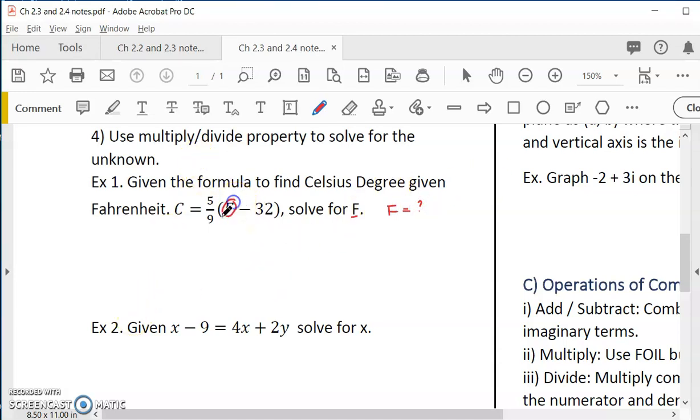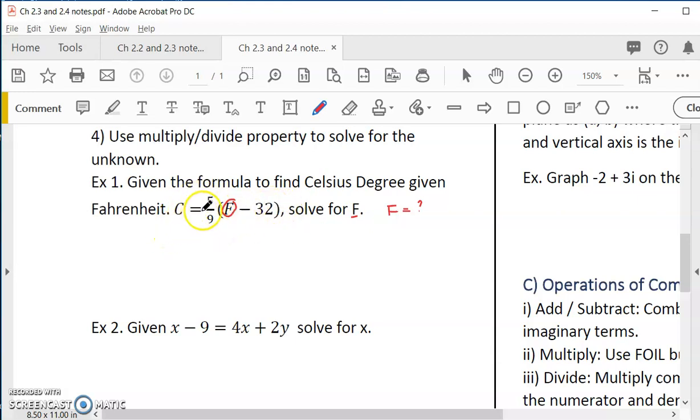Well, F is inside a grouping symbol, so I have to break this grouping symbol. Now, most of the time, when we want to break the grouping symbol, we distribute, right? But not in this case because there's nothing outside. So the easiest way to break this grouping symbol is to get rid of the 5 over 9 by multiplying by the reciprocal, or dividing by 5 over 9.